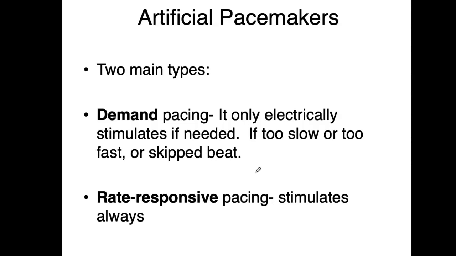There's a couple different kinds. I'm just showing these two more common ones, which is demand pacing, in which case it only stimulates if needed. So it's like a little computer. It can tell if that electrical activity is too low or it skipped a beat, and it's going to jump in. So it's on demand. And then the rate responsive, which is the one that's just going to give it out at a steady pace, and you know that you have that electrical activity happening.